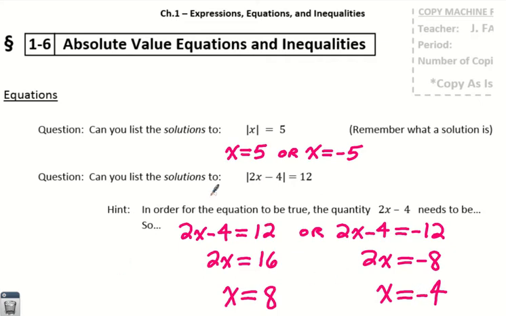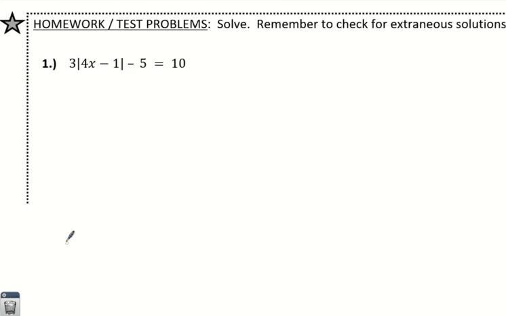And that's essentially a pretty good overall outline strategy for solving equations with absolute value. Break it up into two cases. But you're not going to do that until you isolate the absolute value.